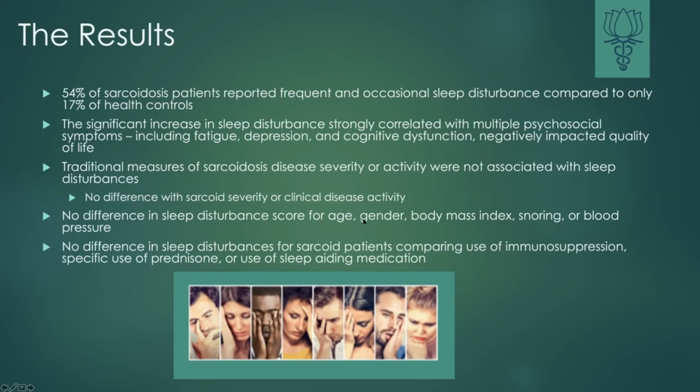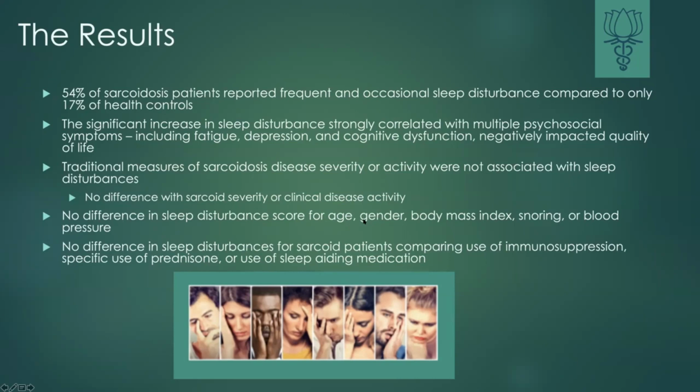And what they found was that the traditional measures of sarcoidosis disease severity or activity were not associated with sleep disturbances. So what that means is that there was no difference with sarcoid severity or clinical disease activity, that somebody who has a worse sarcoidosis would have worse sleep disturbances. There was no difference there.